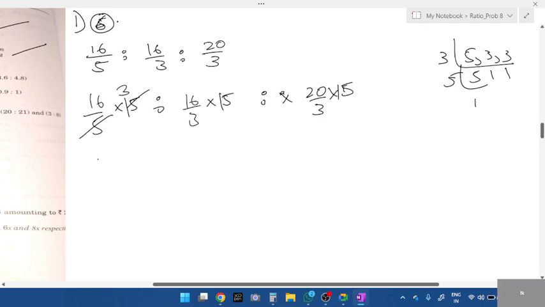So what do we have? So 48 is to 80 is to 100, right? 100. And when it comes to ratio, it is all about reducing to the lowest term.